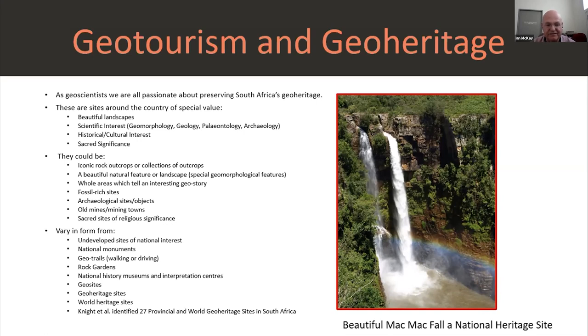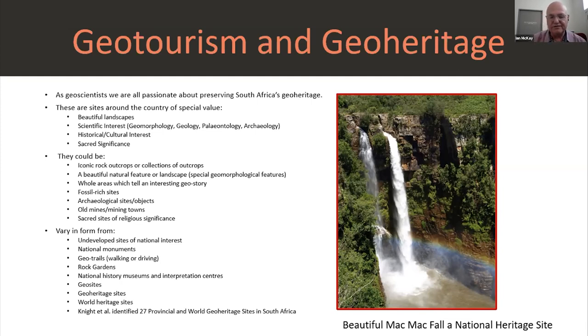They're used by traditional healers. They're even used by Rastas for their ceremonies. And they could be a geoheritage site, a World Heritage Site, a natural history museum, or there's so many of them.